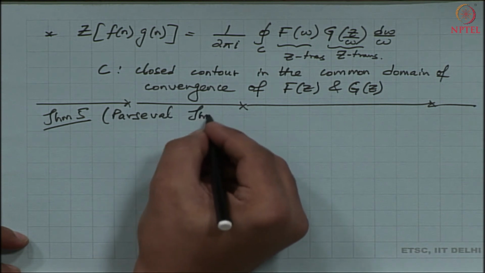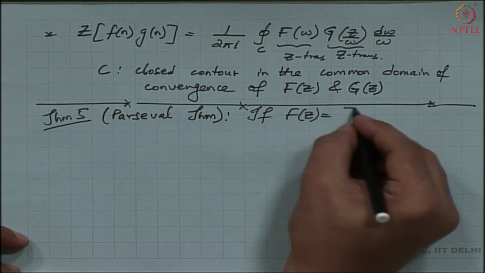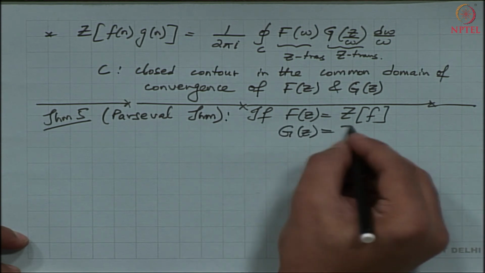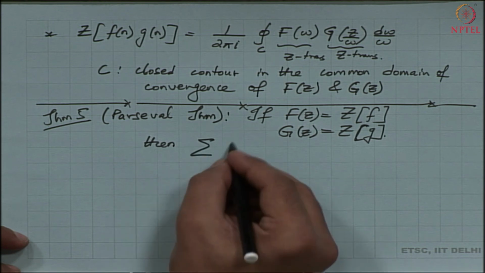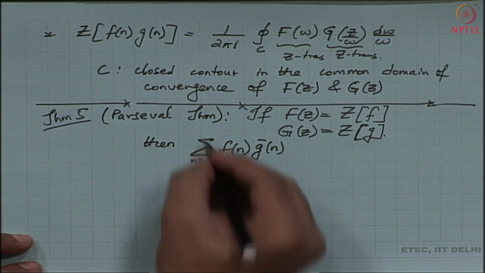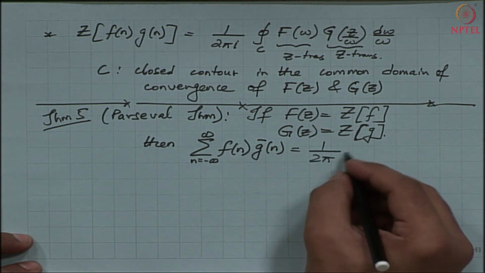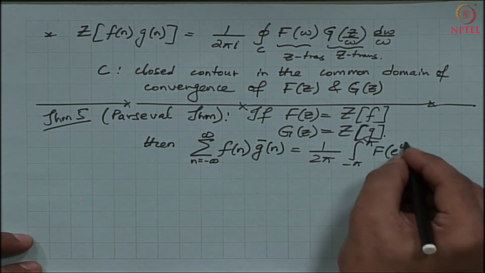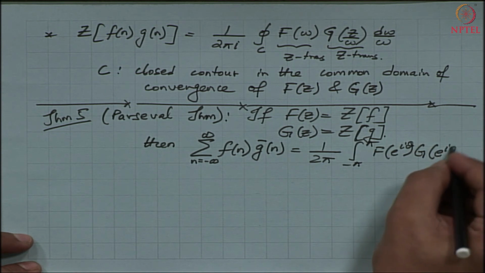Parseval's theorem states that if I am given the Z transform of f, capital F, and I am given the Z transform of g to be capital G, then the summation of f of n times the conjugate of g of n from negative infinity to infinity is given by this complex integral, 1 by 2 pi integral from negative pi to pi of F of e to the power i theta times the conjugate of G of e to the power i theta d theta.